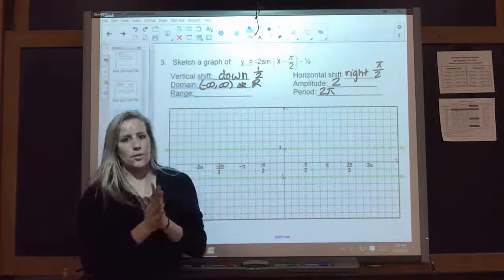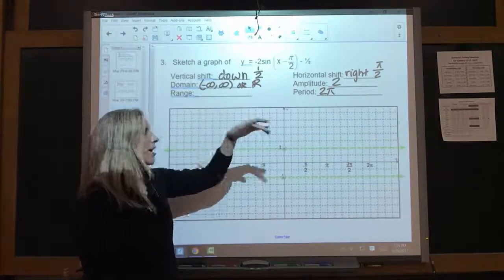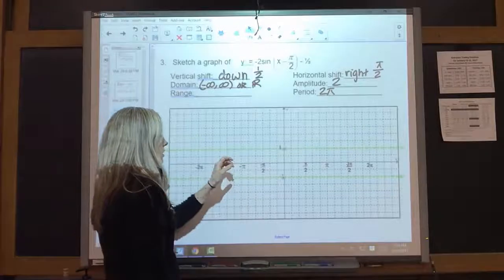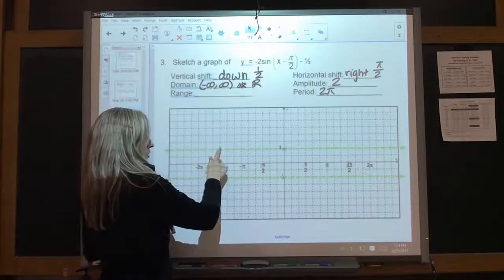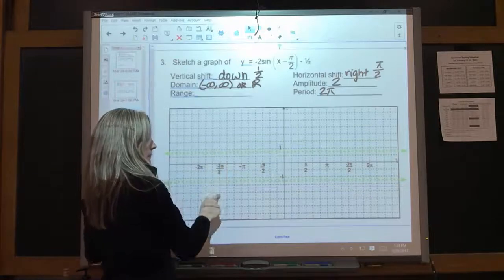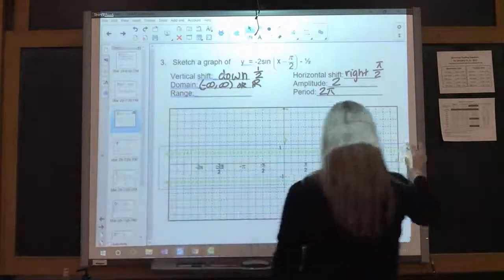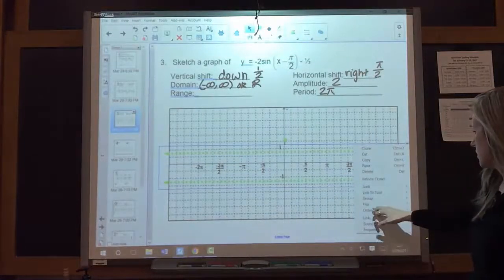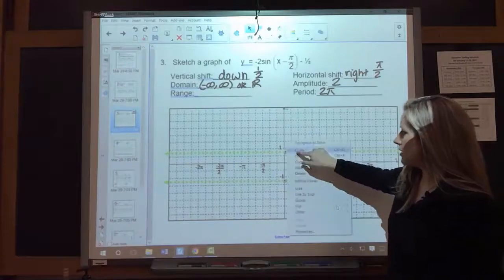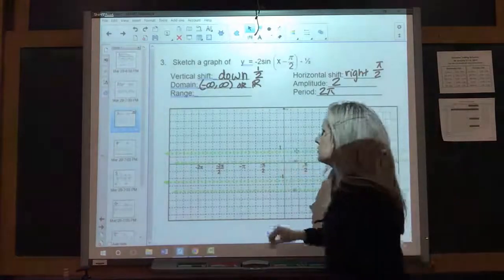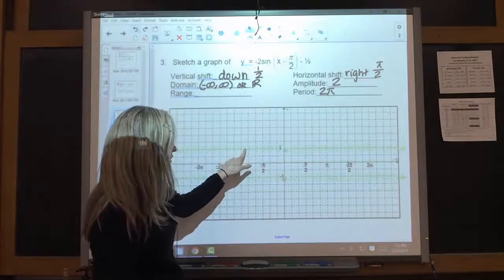Alright, so this time our amplitude stretched our graph. We have an amplitude of 2. So normally, if we have an amplitude of 2, it goes up to positive 2 and down to negative 2.